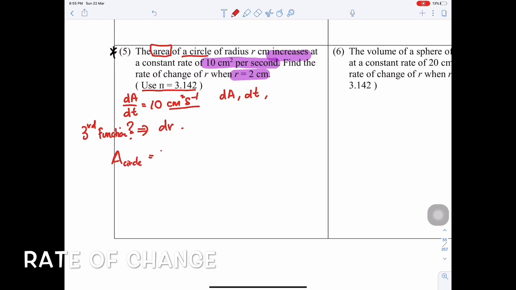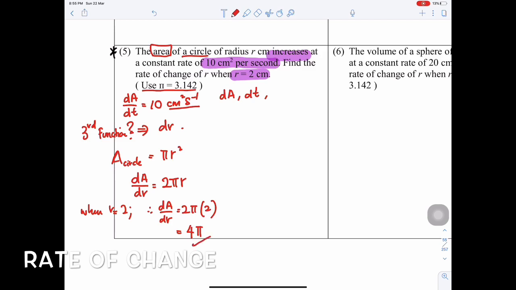Area of a circle is pi r squared. So differentiate A with respect to r, you get 2 pi r. Substitute when r equals 2, therefore dA/dr equals 2 pi times 2, which is 4 pi. Leave the answer in terms of pi.